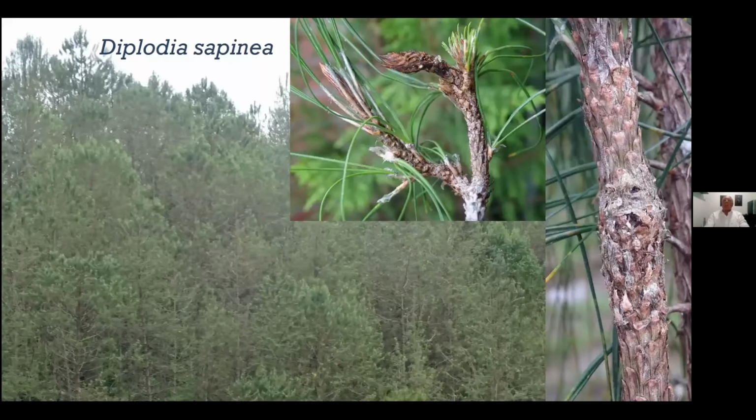Now, Diplodia sapinea is another important disease. It was reported for the first time in 1984, the second important report in the whole country was in 2004, and then from 2020 to now, the area affected by this important disease is increasing.